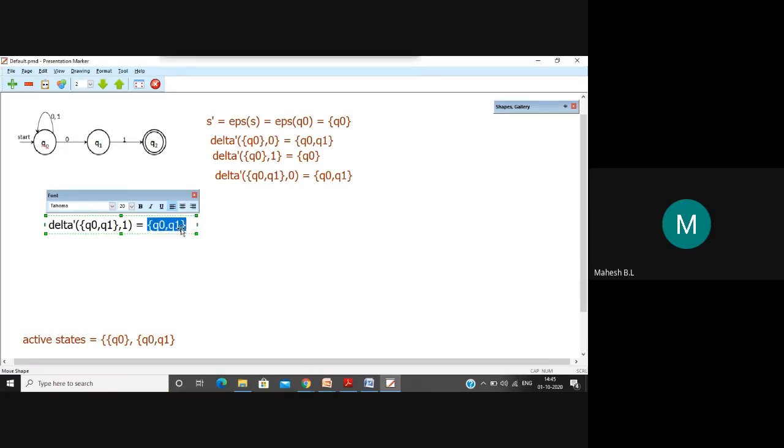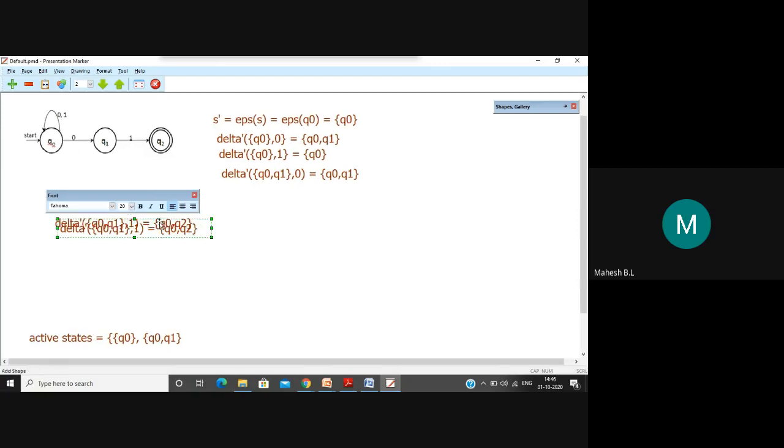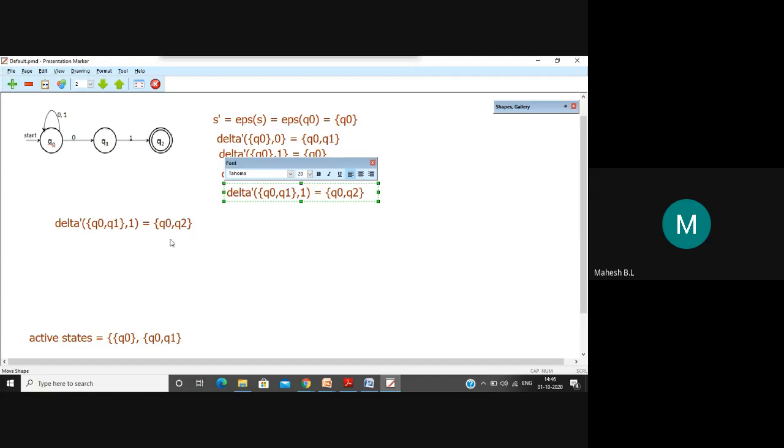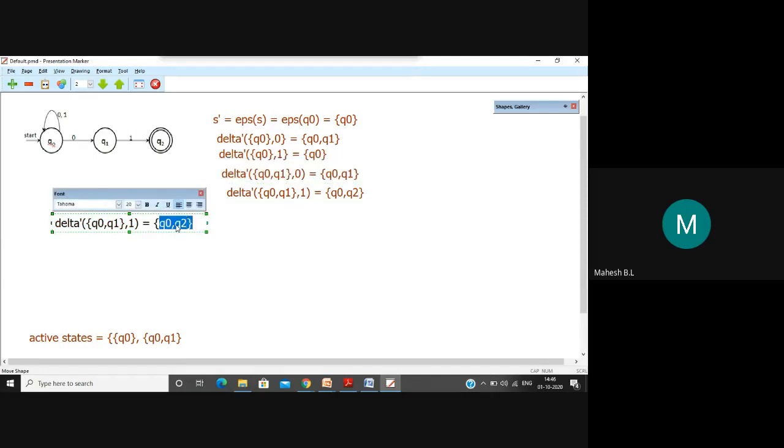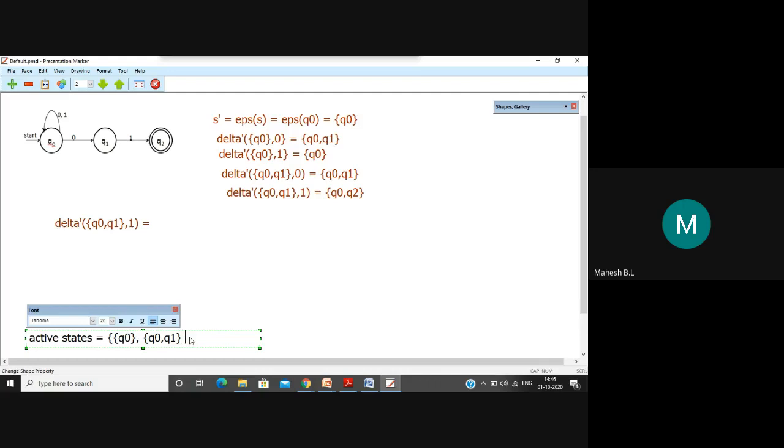So we get Q naught Q2. Q naught Q2 is not a part of active states. That's why Q naught Q2 should be added to the set of active states.